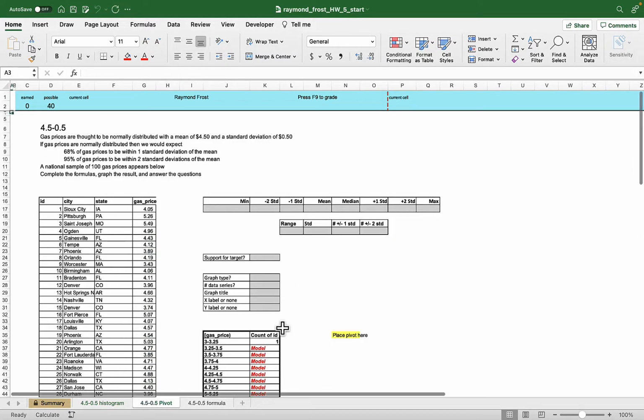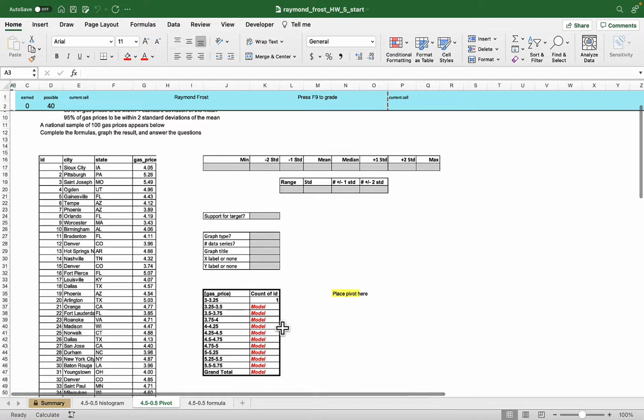When you come over here to the pivot table, this one's a little bit interesting again. Notice that we've got the gas prices. We go 3 to 3.25 and then 3.25 to 3.5.